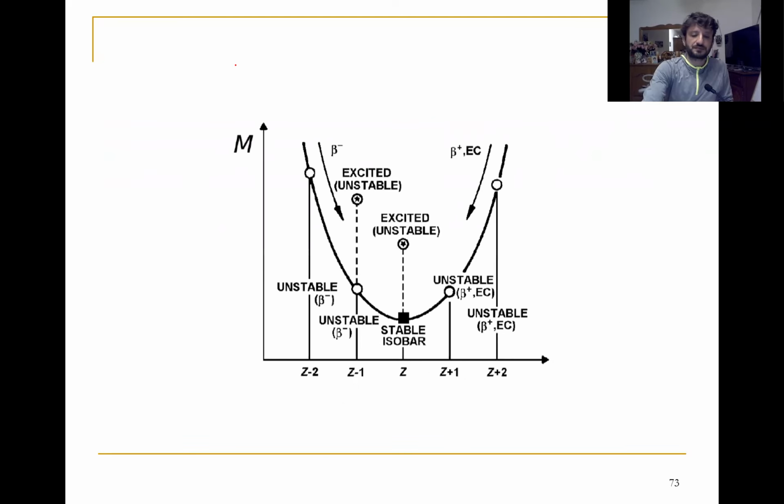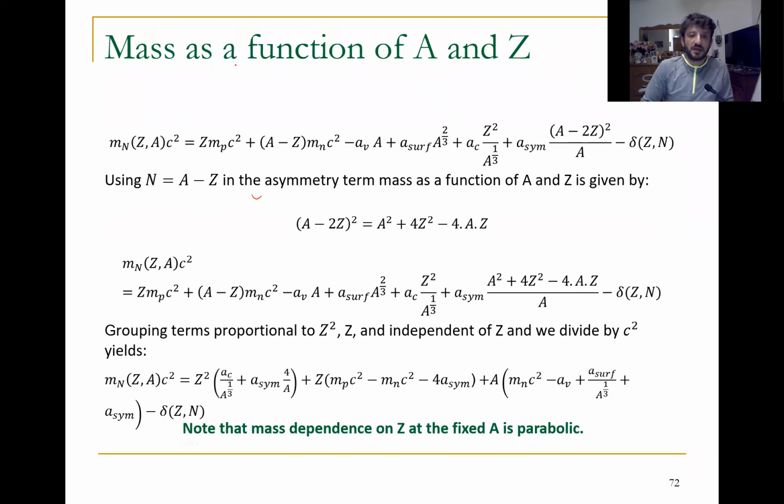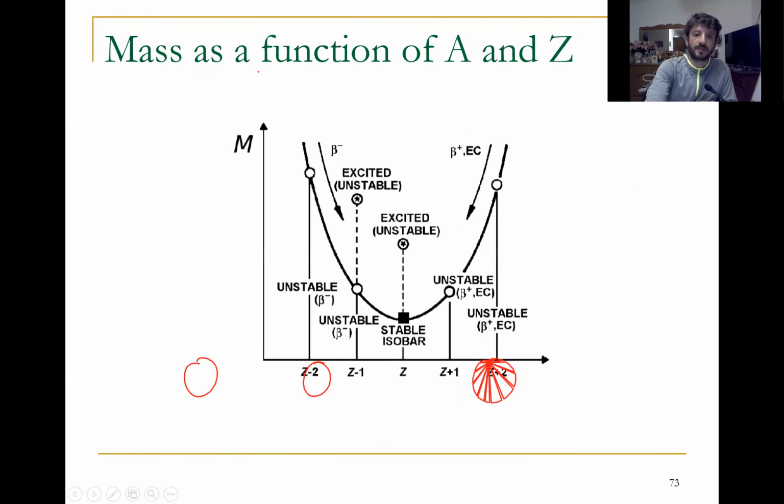Here it's an expression with z square, z, and a. So the mass dependence on z at a constant value a is a parabolic curve. Okay, if we plot m in function of z at a constant a, we get a parabola.